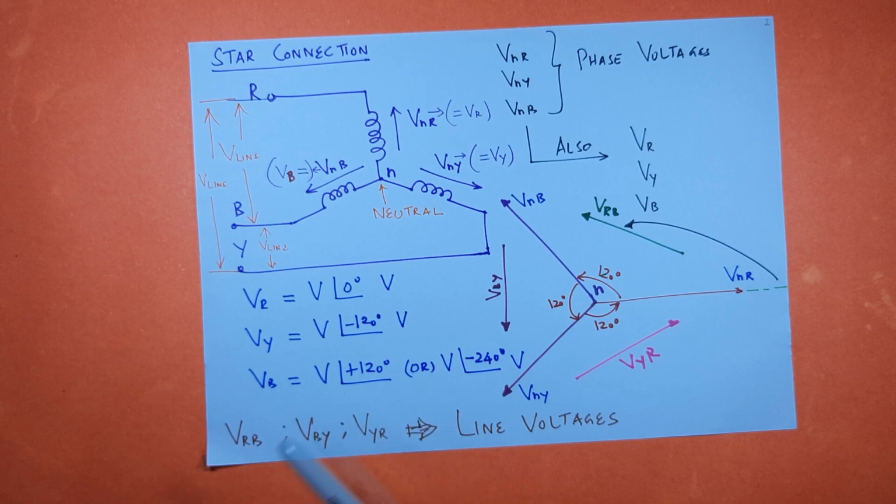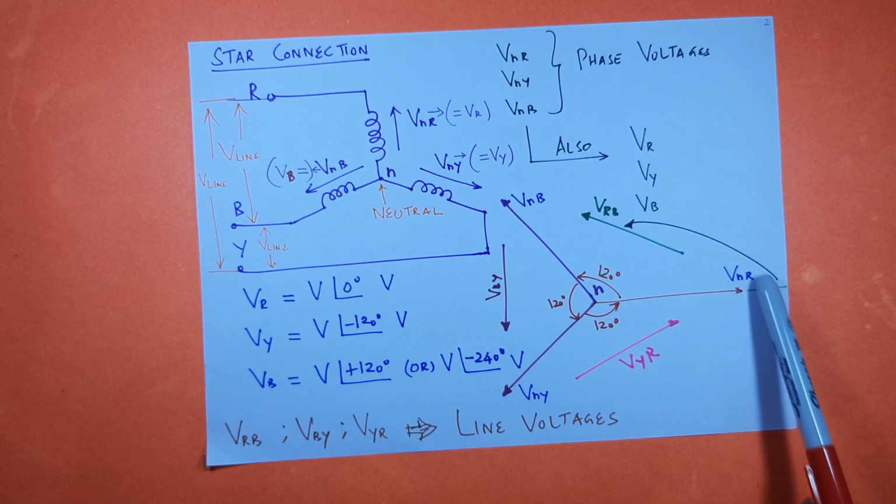In other words, this B phase leads the R phase by 120 degrees, or in other words, VB lags VR by 240 degrees. That's why we have added the negative sign here. So this is your phasor diagram.